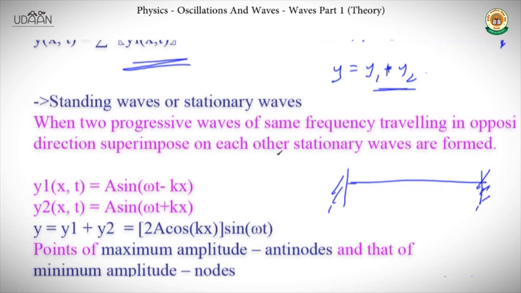I generate a pulse at this end. It goes on and hits the other end. From this end, as I have already said, it reflects with a phase difference of pi, so it comes this way.